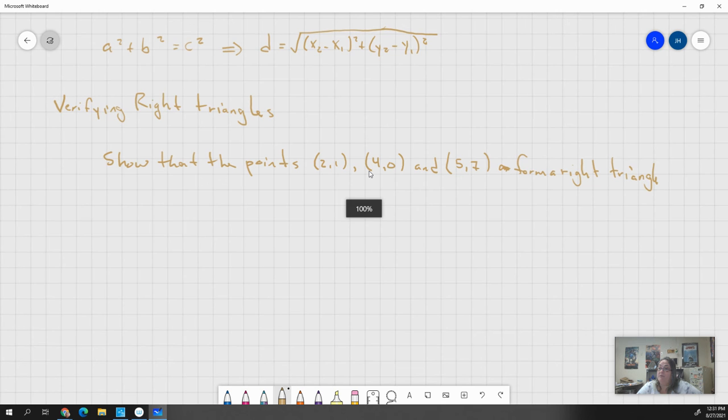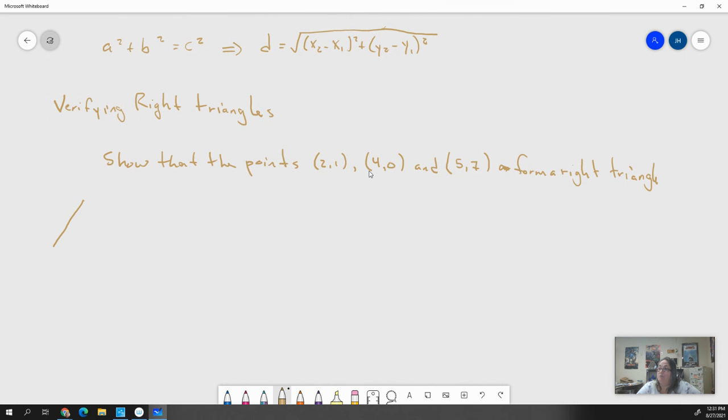So if I have a triangle, doesn't matter what it looks like, with, say, a point (2, 1), a point (4, 0), and a point (5, 7). Remember, this is not drawn to scale, I'm just throwing it out there. Whatever my shortest side is, and my next shortest side should equal my longest side.